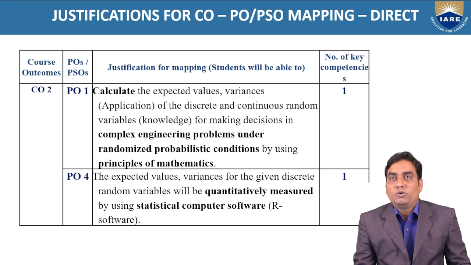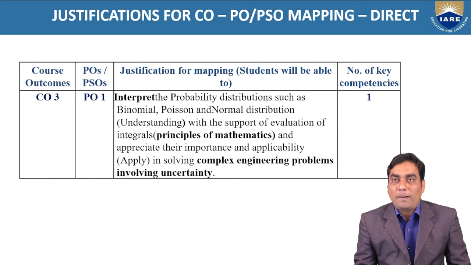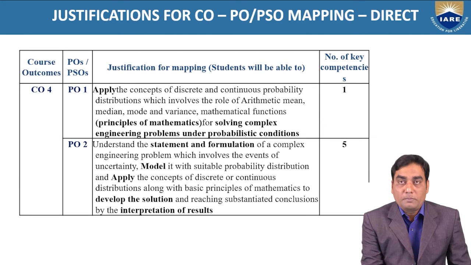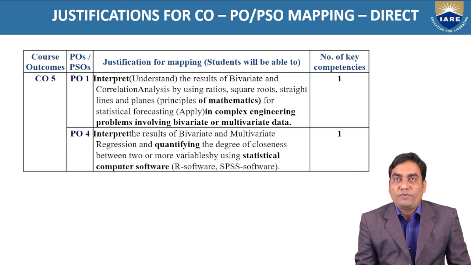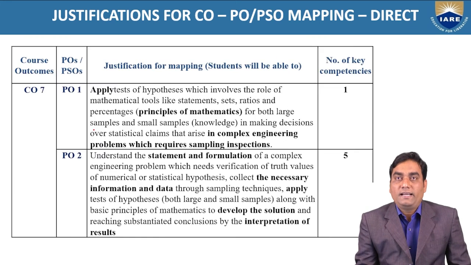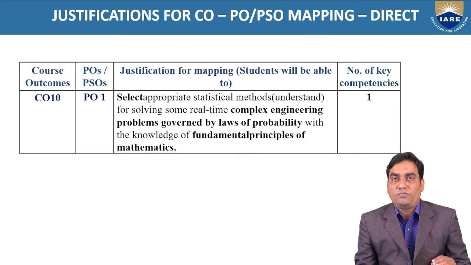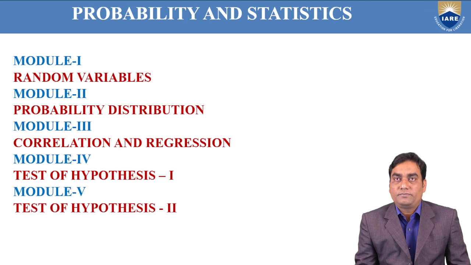Similarly, CO2 is mapped with PO1 and PO4 with competence 1. CO3 is mapped with PO1. CO4 is mapped with PO1 and PO2. CO5 is mapped with PO1 and PO4. Like that, all COs are mapped. Only PO1, PO2, PO4, PO5 are mapped with our COs in this subject.